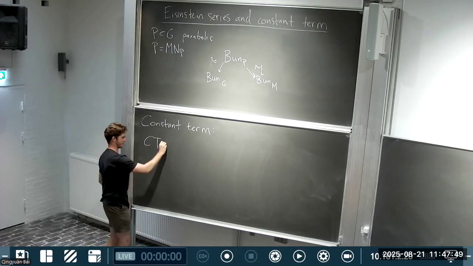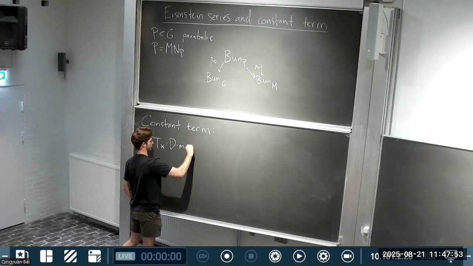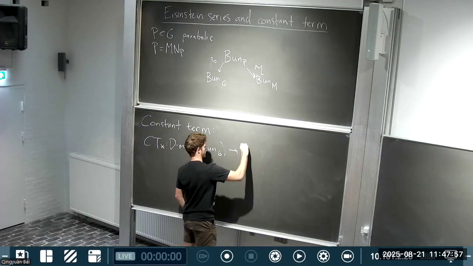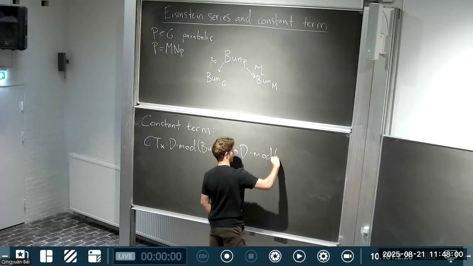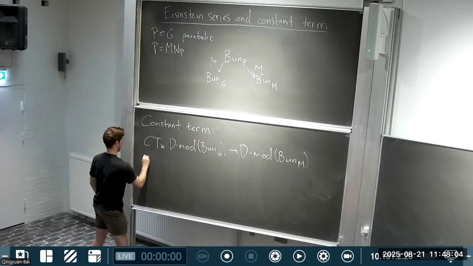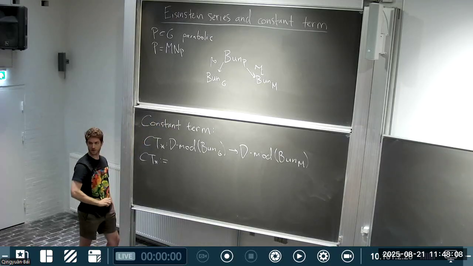There's some other variants of this that we won't talk about at all, but that's the reason for this decoration. Going from D-modules on Bun G to D-modules on Bun M. Okay, and so it's defined by pulling and pushing along this correspondence.